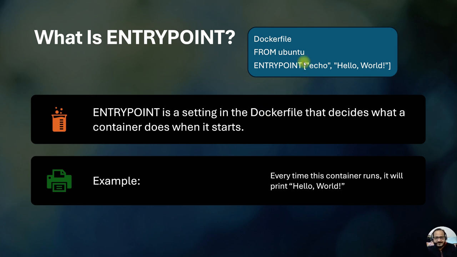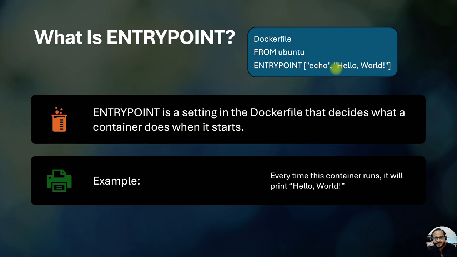So for example, this is a simple Dockerfile. Here you can see the FROM instruction where we specify our base image, and the entry point. Whenever the container starts, it will always print hello world because we have specified the entry point. You can create containers multiple times, you start containers, and every time it will run echo, which will print the output hello world.